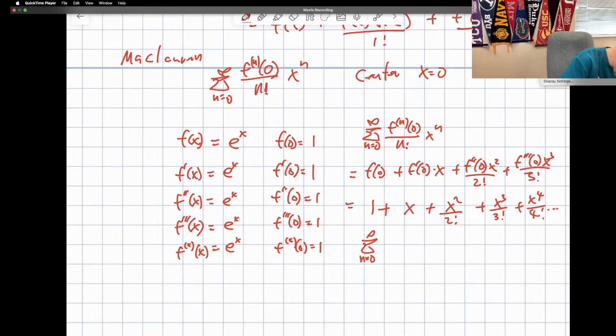N equal to 0 to infinity, what will be the general term of this? See, this is a 1. This is x to the 1 over 1 factorial, right? What do you think? X to the what power? N factorial.